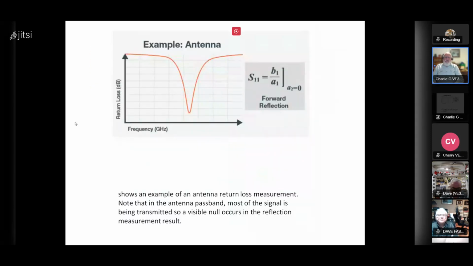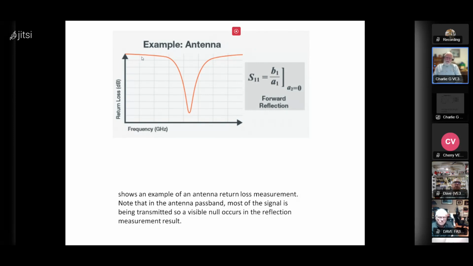When it comes to an antenna, here's a return loss measurement. So, if you look at how much signal is coming back into your transmitter, at frequencies below the antenna frequency, lots of the energy is coming back. If you have an antenna tuned to 500 megahertz and you send something at 1 megahertz, most of it's going to get reflected because the antenna is a really bad match for that.